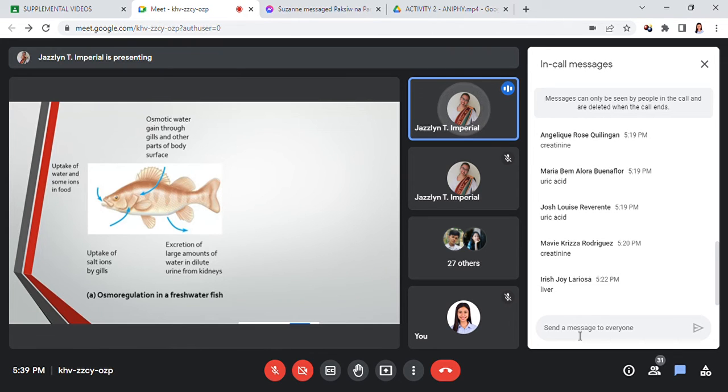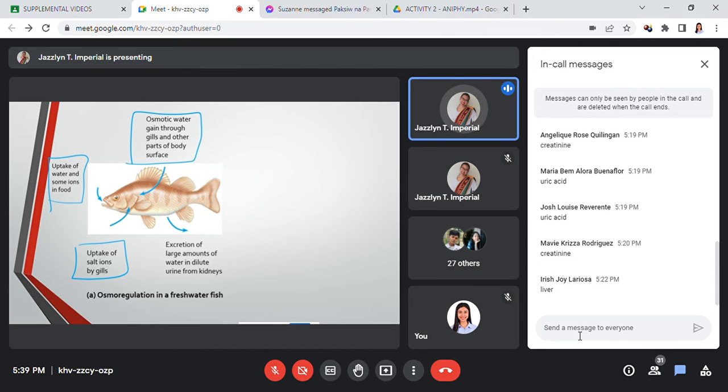For fresh water fishes, they take in ions through their gills. They take in water and ions through their food. And osmotic water is also gained through their gills and other parts of the body surface. So, you will see that in fresh water, the water is mostly coming in.